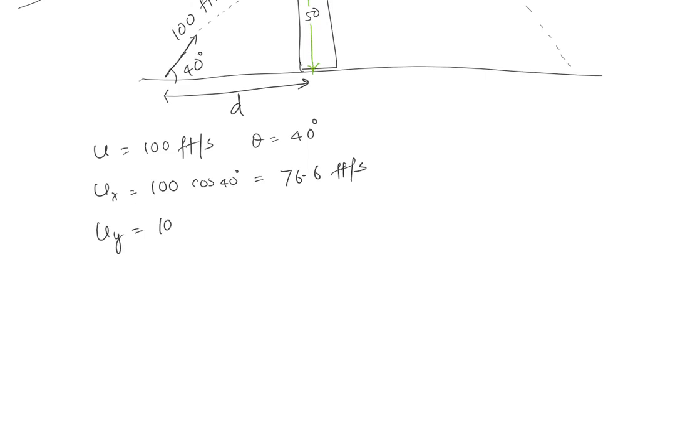Uy is 100 sine 40 degrees, which is 64.28 feet per second.